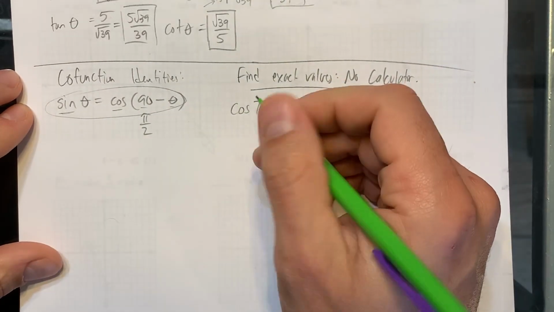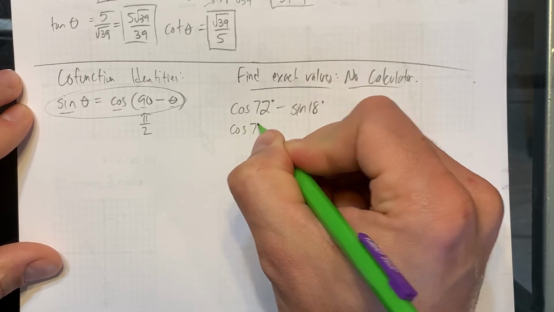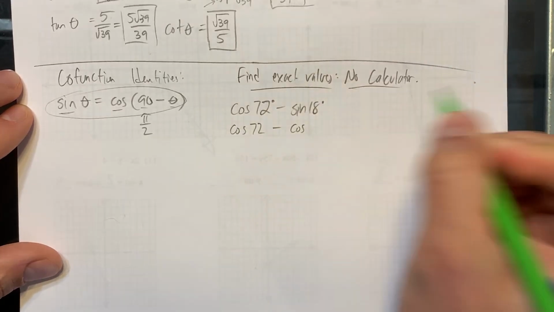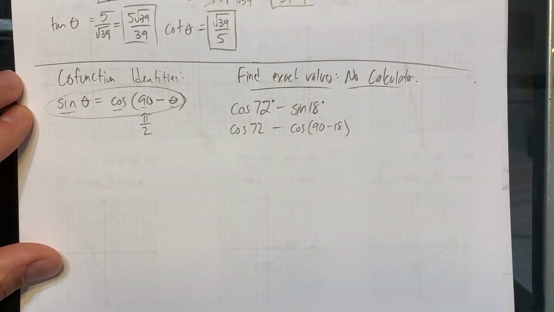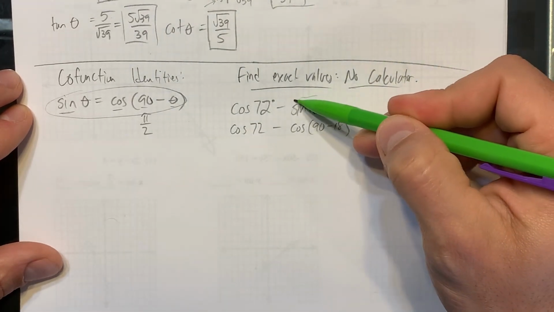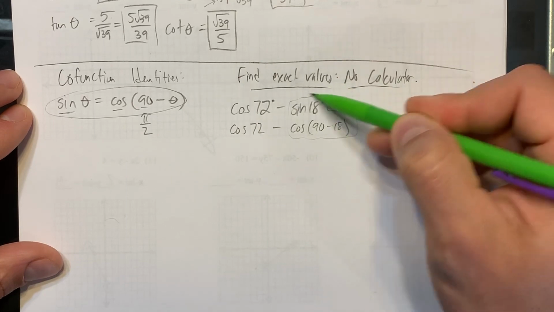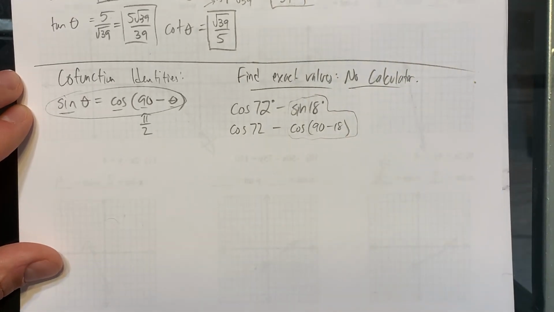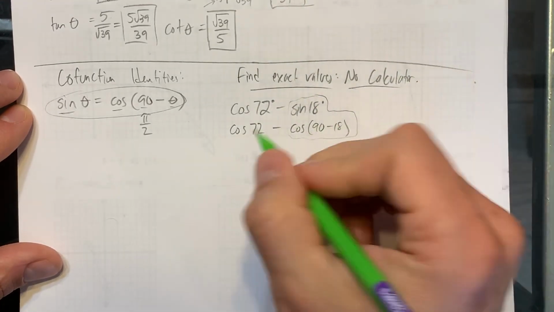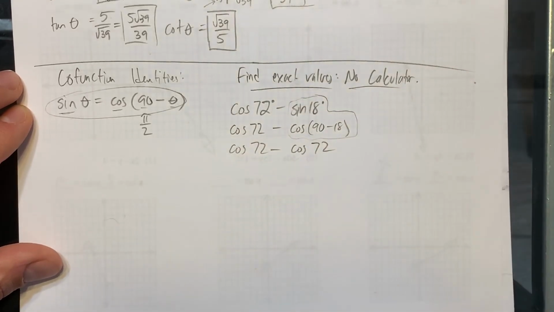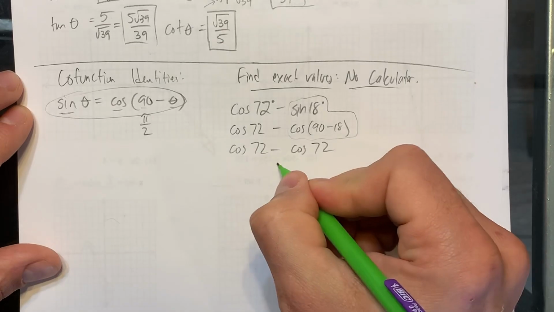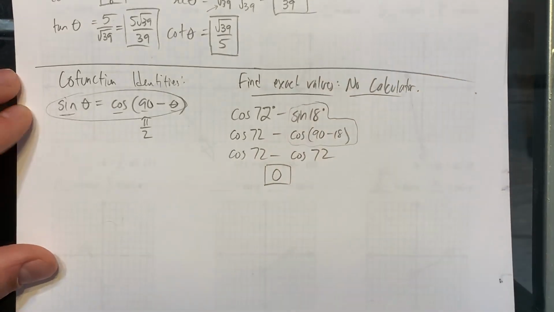And so technically I can rewrite this as cosine of 90 minus 18, because my cofunction identity says that these are identical to each other. Now, what I can say is cosine of 72 minus cosine of 72, and so my final answer here is going to be 0.